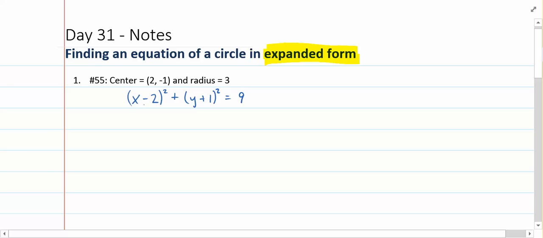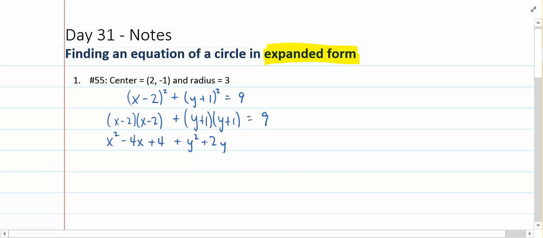So (x - 2)² is the binomial (x - 2)(x - 2), and for the binomial (y + 1), that's (y + 1)(y + 1). And all of that is equal to 9 currently. When multiplied here, we get x² - 4x + 4 + y² + 2y + 1 = 9.